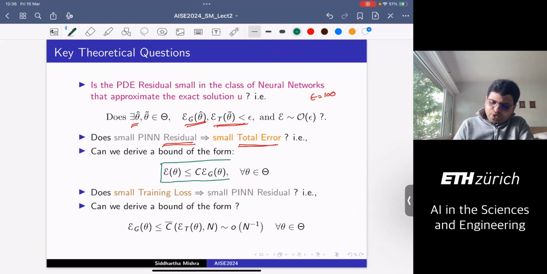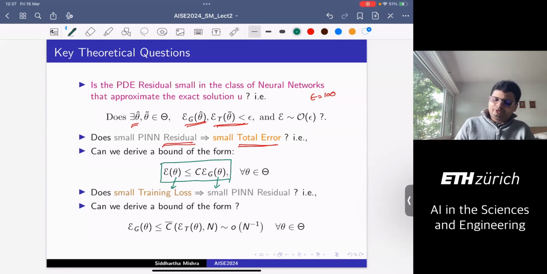It tells us that the total error, the object that we want to minimize, is bounded by some constant times the PDE residual. So making the PDE residual small will automatically make this object small, right? So this will somehow justify why we are going to try and make this residual as small as possible.